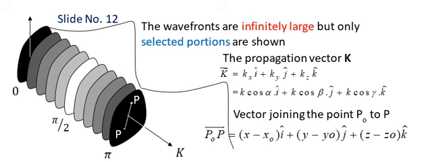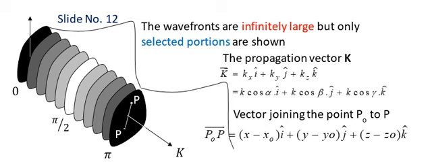Now the vector joining the points P0 to P is given by P0P equal to (x minus x0) into unit vector i plus (y minus y0) into unit vector j plus (z minus z0) into unit vector k. So we have written this P0P vector. P0 is a fixed point.